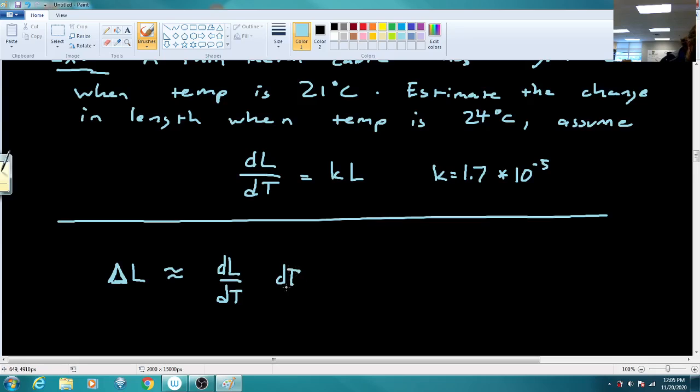The thing is, the change in length with respect to temperature, we're going to base around the starting value at a temperature of 21 degrees Celsius. So we want dl dt at 21 degrees Celsius, and then we want to multiply that by the change in temperature.